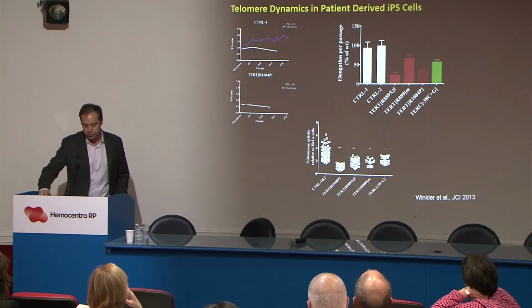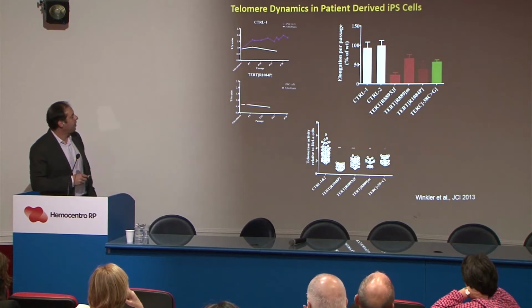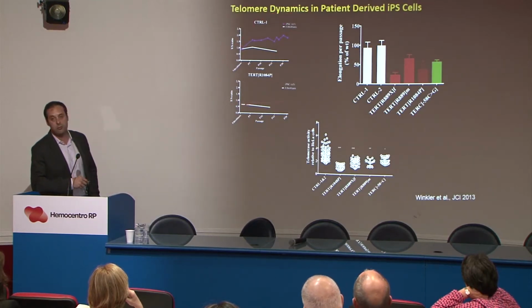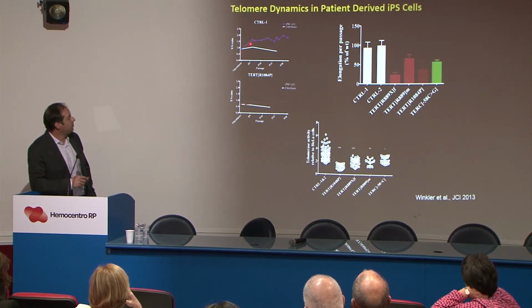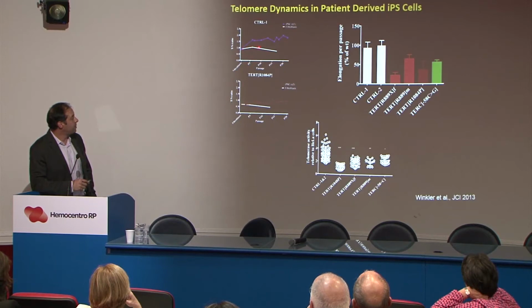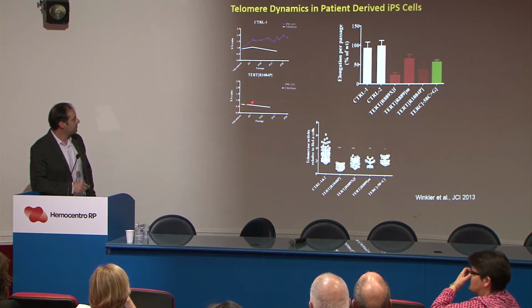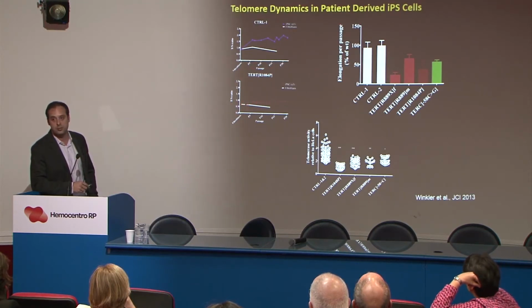And what we were able to find was that in healthy controls, when you reprogram cells from skin fibroblasts into a pluripotent state, we can see that telomeres get way longer over passages and over time during reprogramming, as opposed to what happens here in white, the parental fibroblasts, where telomeres tend to get shorter. But when we reprogram cells from a patient with a telomerase mutation, it's very difficult to get any telomere elongation.